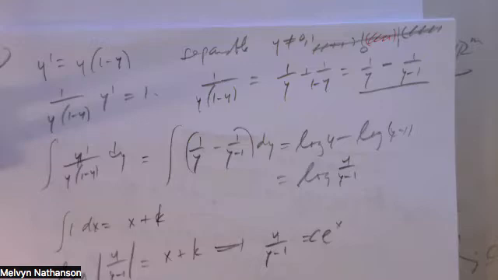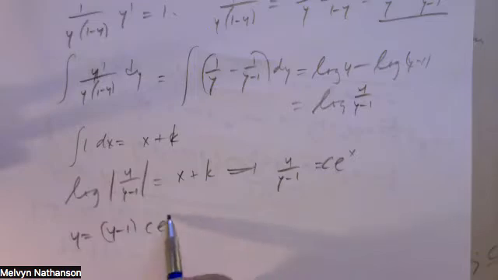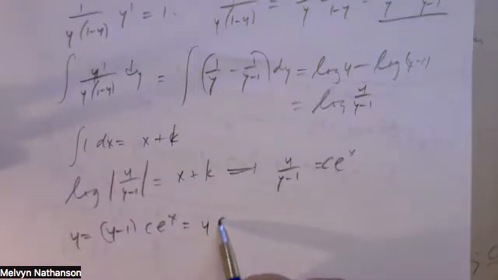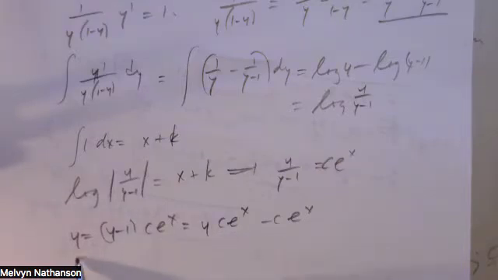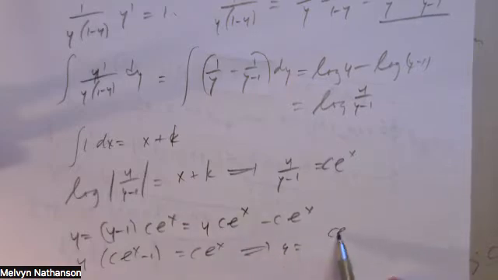Let's solve for y, though. This is y equals y minus 1 c e to the x, which is y c e to the x minus c e to the x. So if I rearrange this, I get y times c e to the x minus 1 equals c e to the x. So y is c e to the x over c e to the x minus 1.